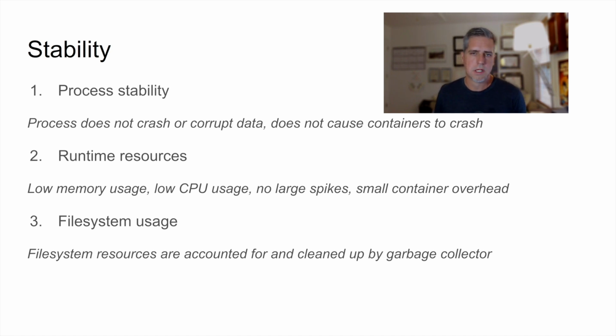And so the TTRPC protocol was one way to notice that memory usage could be quite large for that management supervisory process. And so we created an additional sub-project that solved that problem and dropped our memory use per container. Again, file system use.